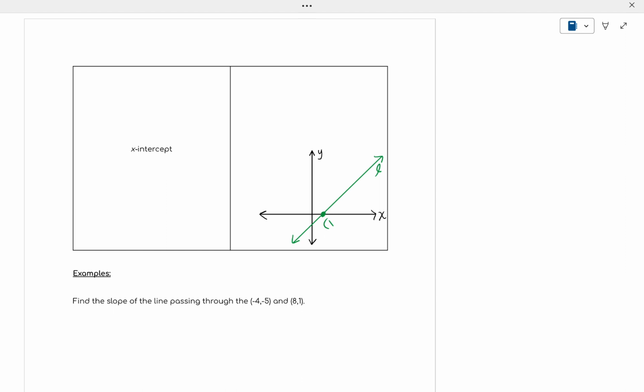We can always write this point as some x-coordinate, I'll call it x1, 0. And so this is the point where the line intersects the x-axis. And always can be written as x1, comma 0.